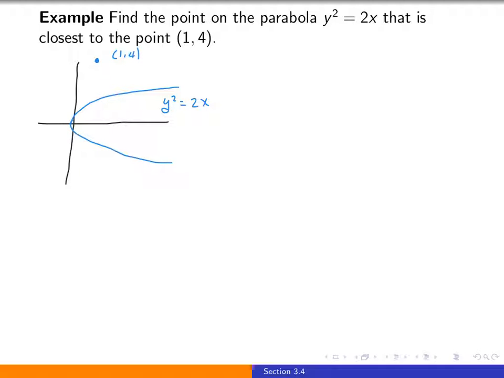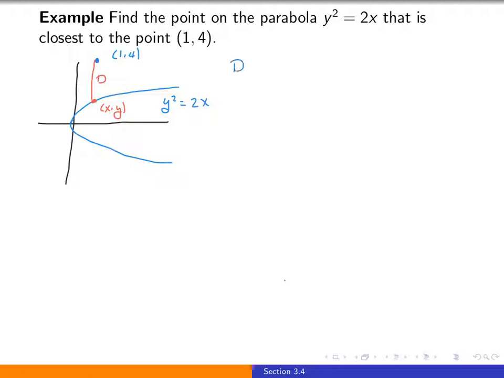And what we need to do is set up a function that's going to give us the distance between (1, 4) and a point on the parabola. That would be the thing that we want to minimize. So what we need to think about is if we pick another point on the parabola, say (x, y), what is its distance, I will call it big D, away from that point (1, 4).